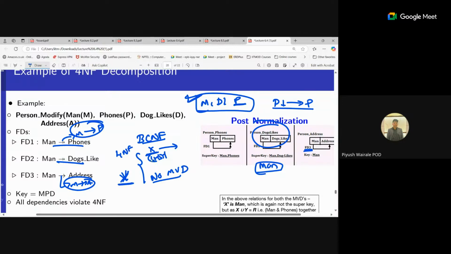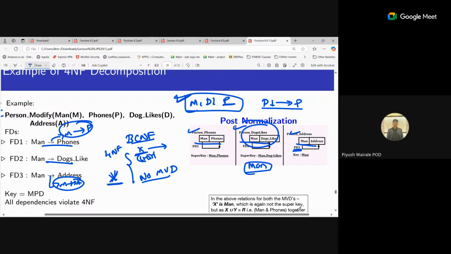So left hand side should be a key, or there should be no multi-value dependency. It should be in BCNF as well. So if you see, we have this example. We have these four attributes. Now we have decomposed those four attributes into these three relations. If you observe, none of the relations has more than two attributes.